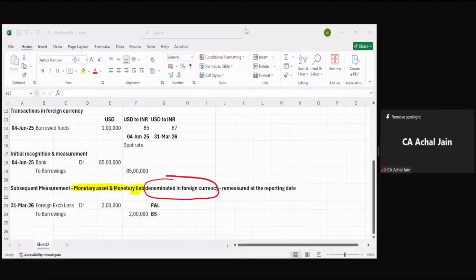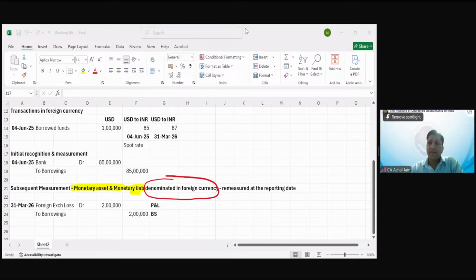Yes, Mohit, what's your query? Mohit, do you have any query? Anil, do you have any query? No? Sure? Yes, Priyanshi, please go ahead.